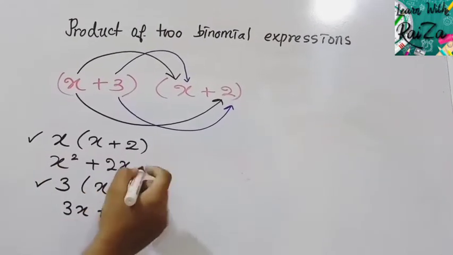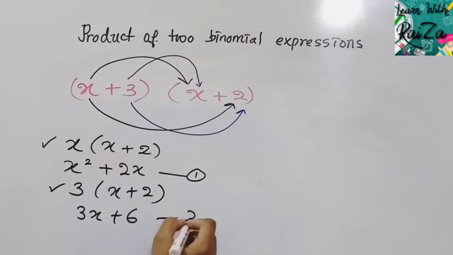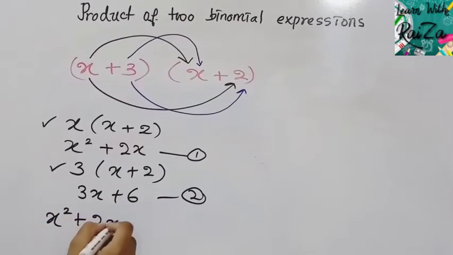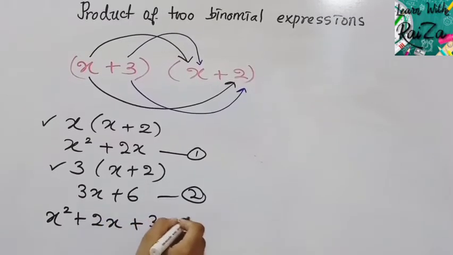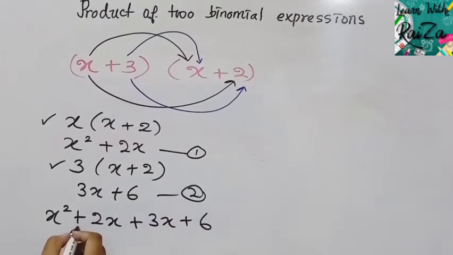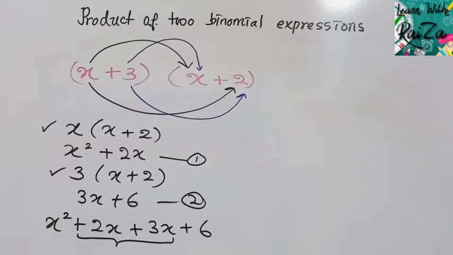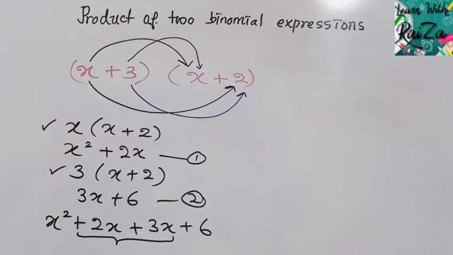Now what should we do? Take both of these. Let's say this is the first one and this is the second one. Now add them together. x squared plus 2x plus 3x plus 6. Now see, these two terms are called like terms because they are alike. They are the same. So we can add them.